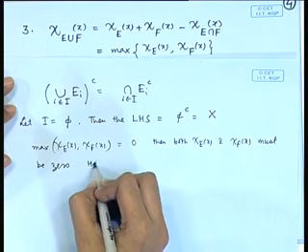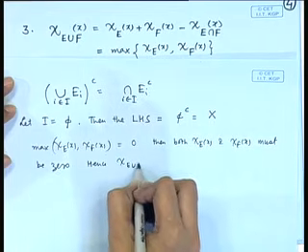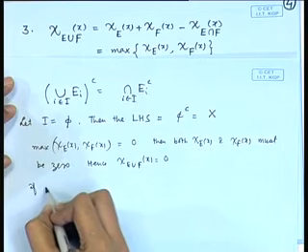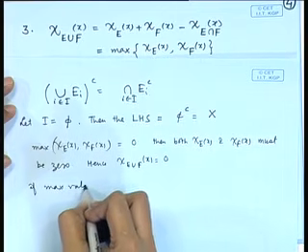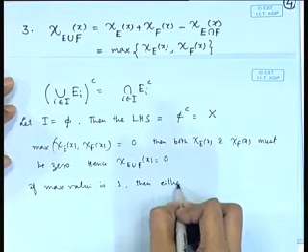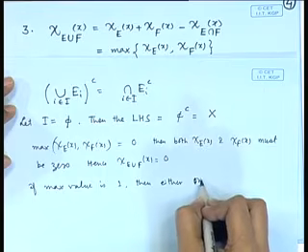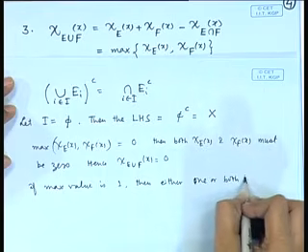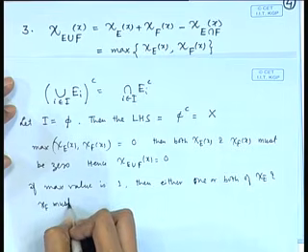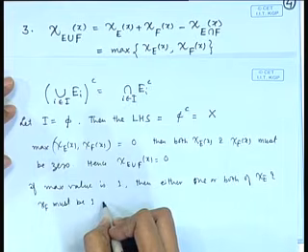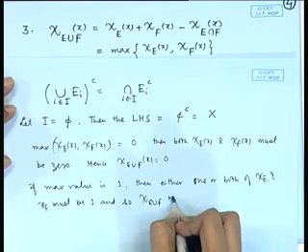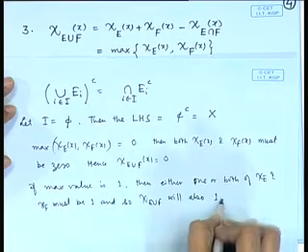Hence, chi of E union F at x will be equal to 0. If the maximum value is 1, then either one or both of chi E and chi F must be 1, and so chi of E union F will also be 1.